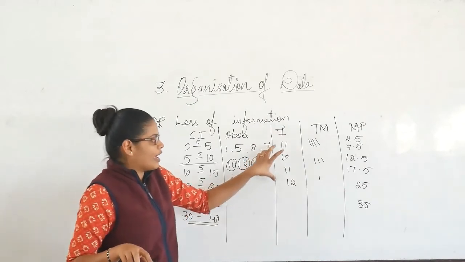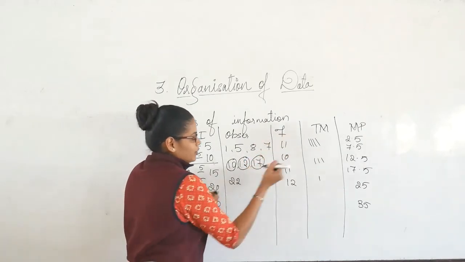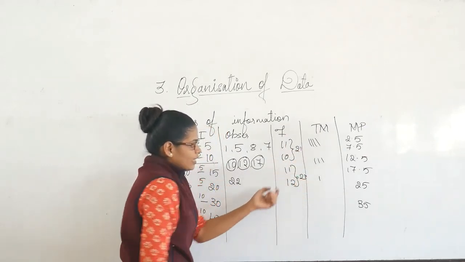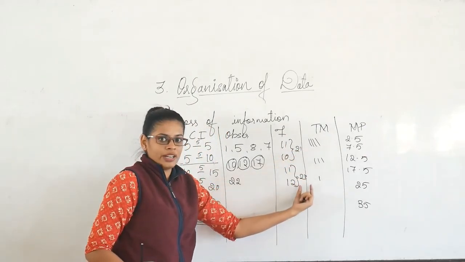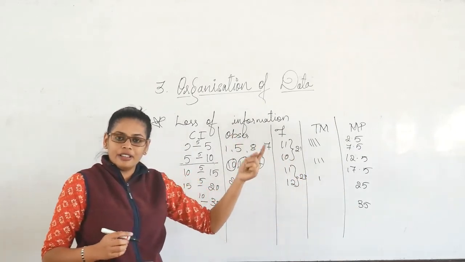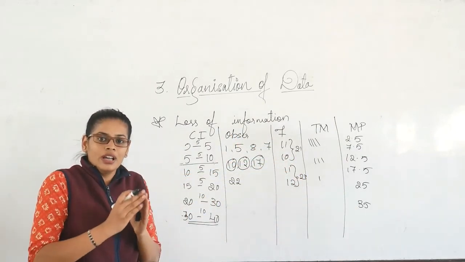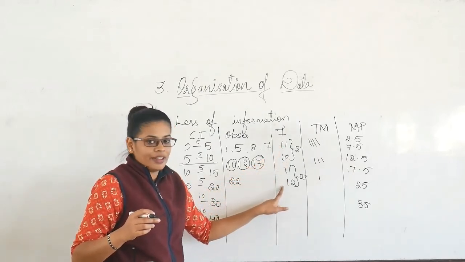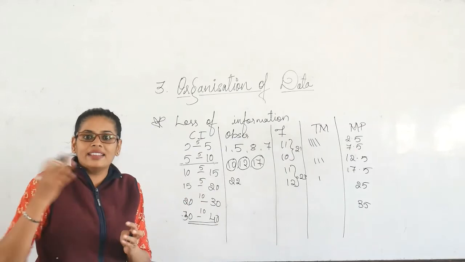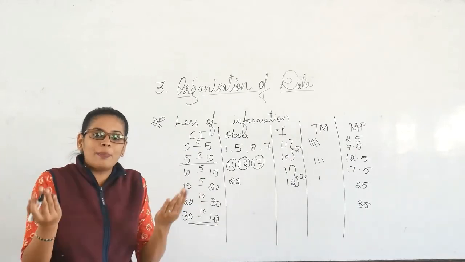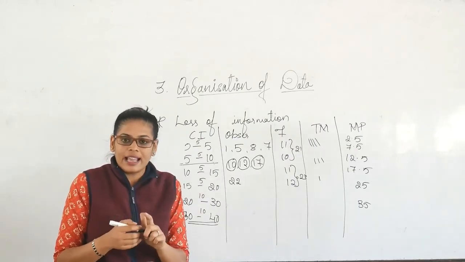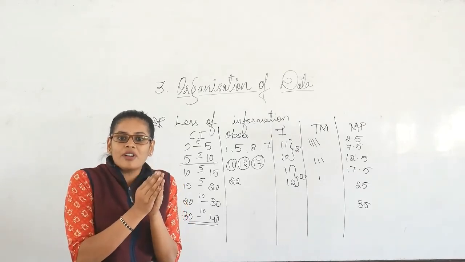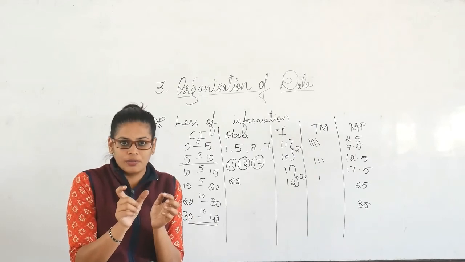If you mark 21 and 23 in the graph, this gives you one graph, and if you mark 10, 11 and 12, this gives another graph. If you compare those two graphs, you can easily understand how many students have scored what marks in which range, right?